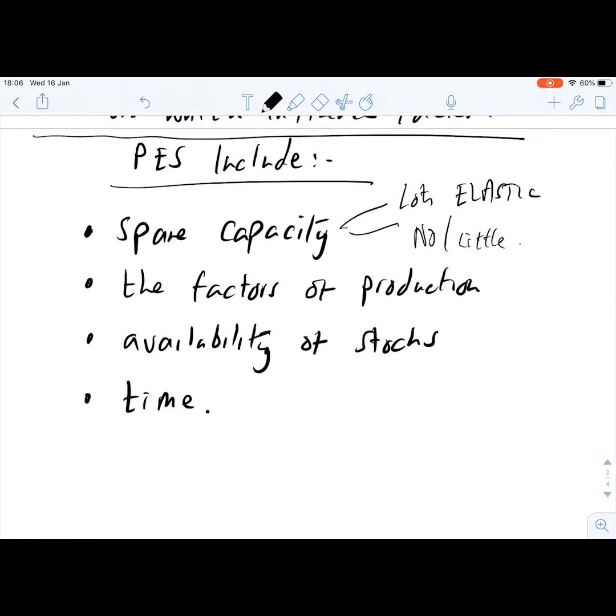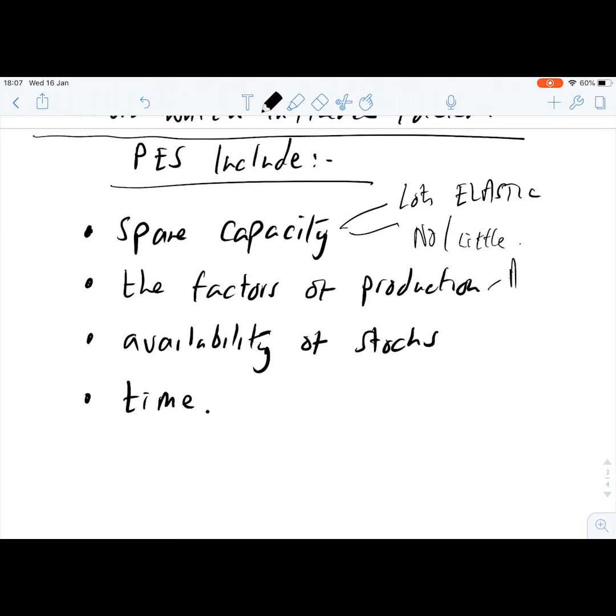Same goes for the factors of production. This is about the availability of the factors of production, and if the price goes up and firms want to take advantage of the increase in price by actually supplying more, have they got the factors of production available to do that? Is there enough? Do they have labour at their disposal? Are there enough resources in order to meet the extra supply?